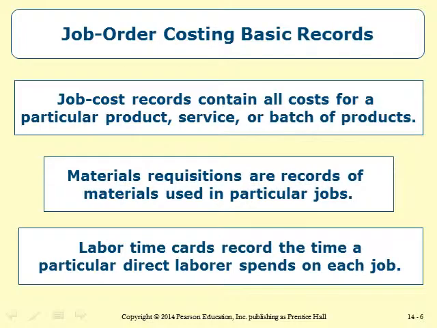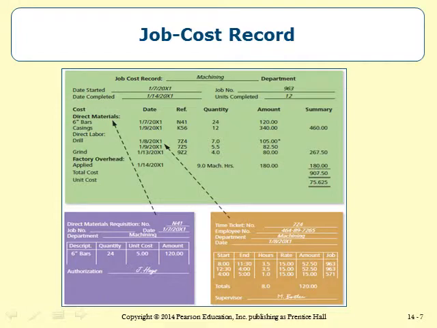So let's look now at an example of a job cost record. This is a completed job cost record and sample source documents. At the top in green, we can see the job cost record, and it shows for this particular job in the machining department, job number 963, having completed 12 units, what the direct materials are and what the direct labor is.